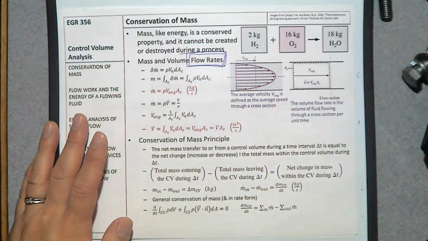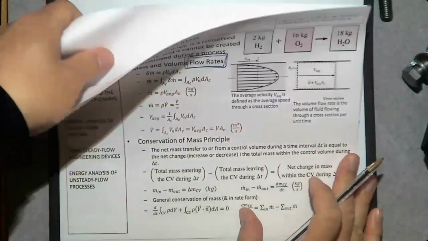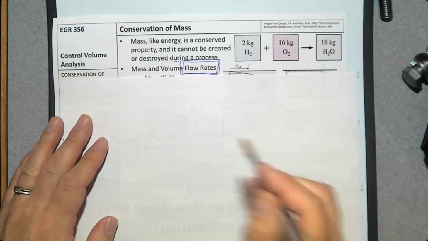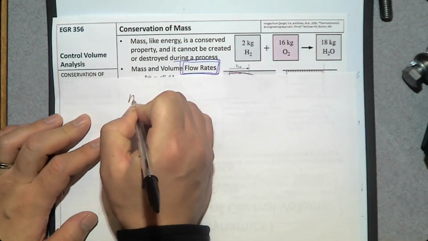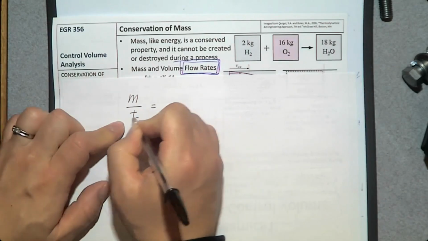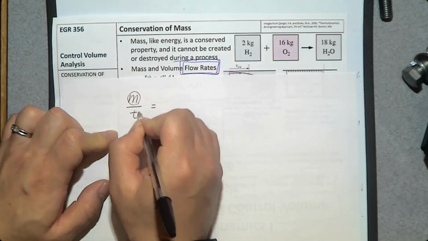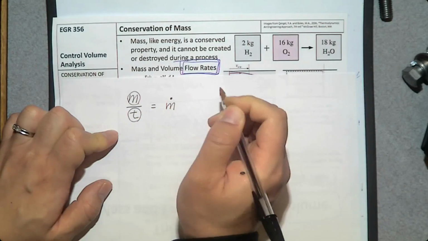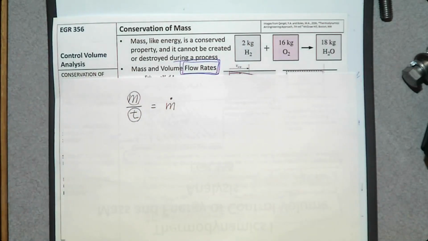And we already studied mass flow rate in chapter 2. How do we determine this mass flow rate? Mass flow rate is mass per time, and when you divide a property by time, you put a dot on top of it to show that this is the rate of this property, that is mass flow rate.